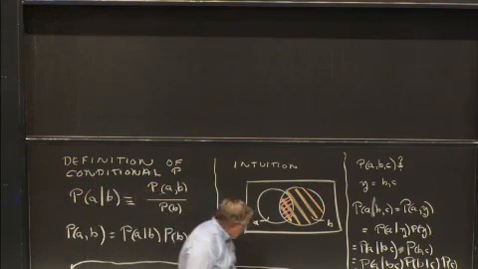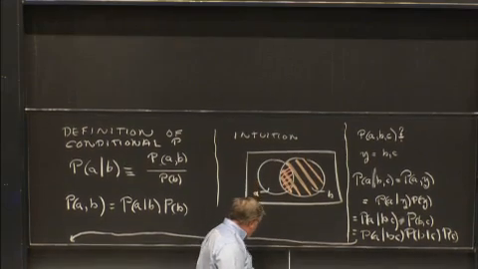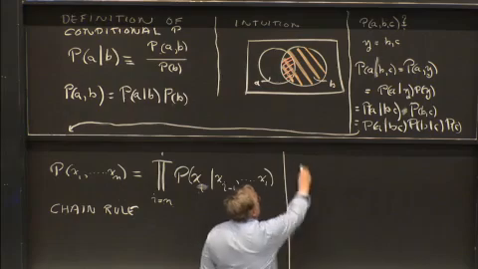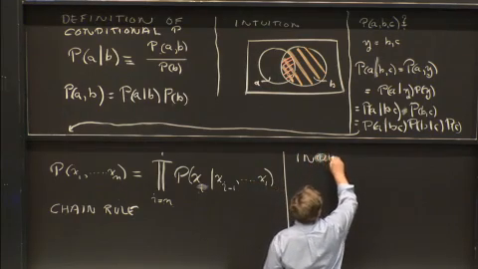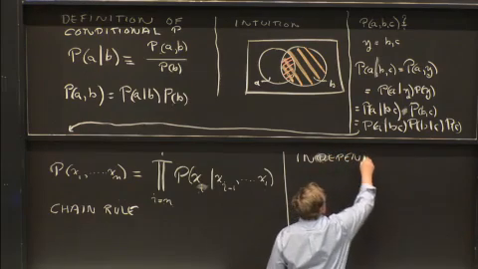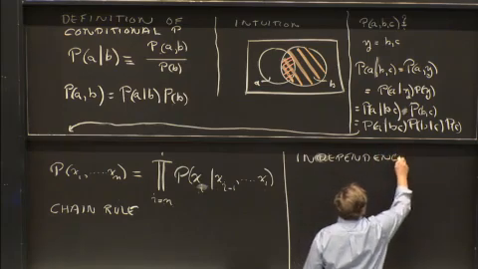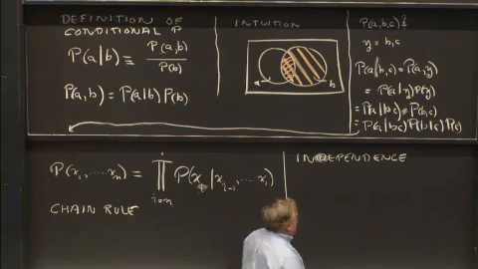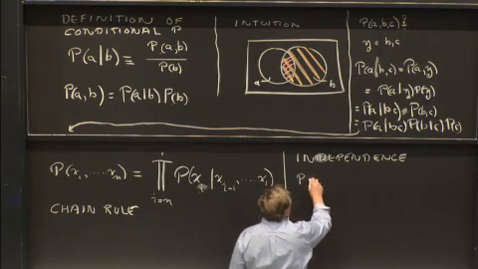And now I want to go to the definition of independence. So that's another definitional deal, but it's another definitional deal that makes some sense with the diagram as well.